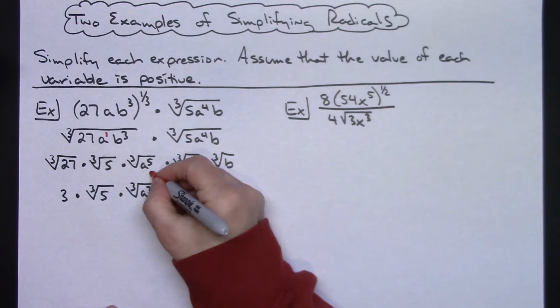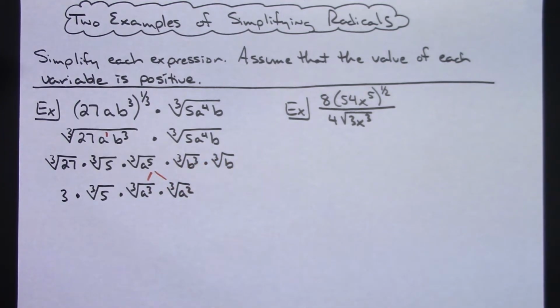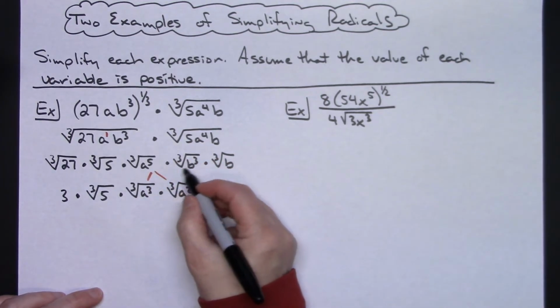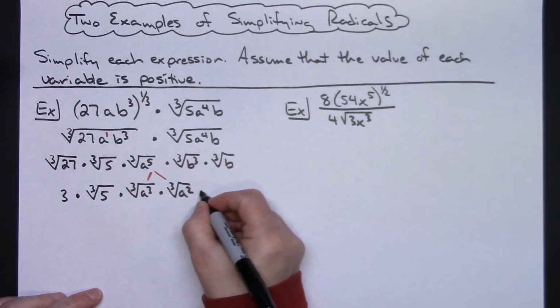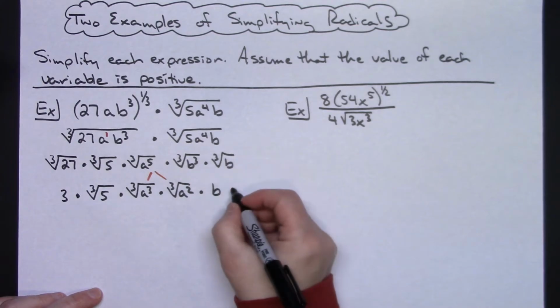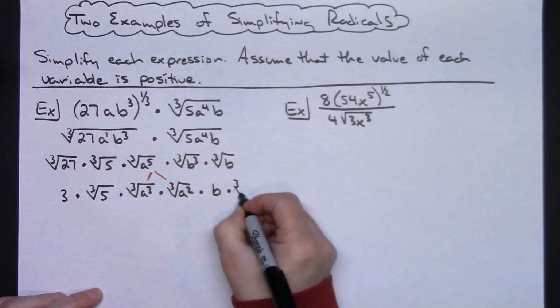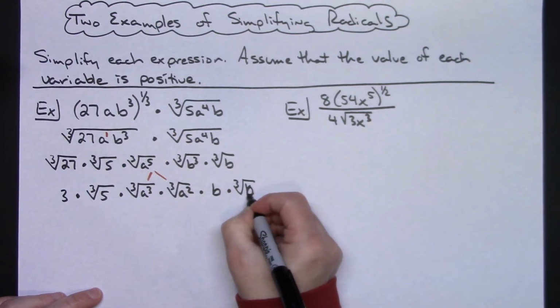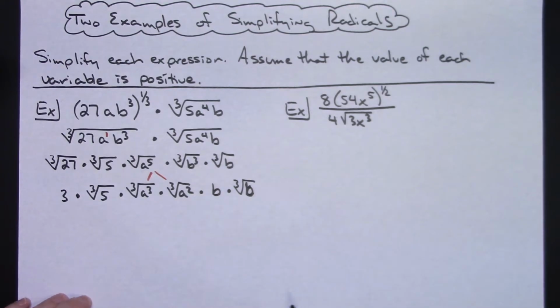So those two come from my a to the 5th. This term right here is a perfect cube, so I can go ahead and take the cube root of that and give myself a b, and I cannot simplify this at all, so it's going to stay as a cube root of b.